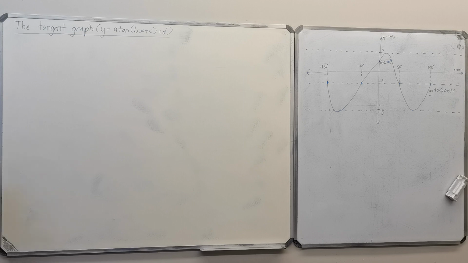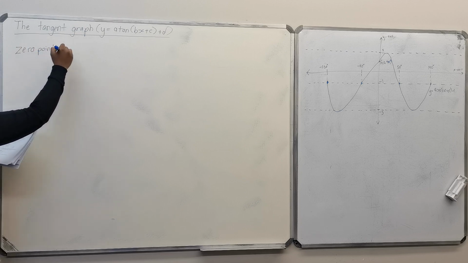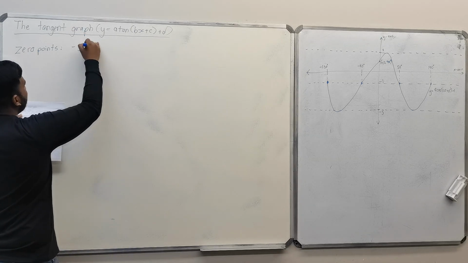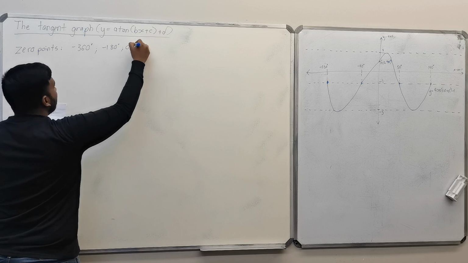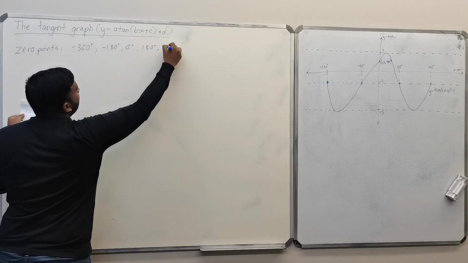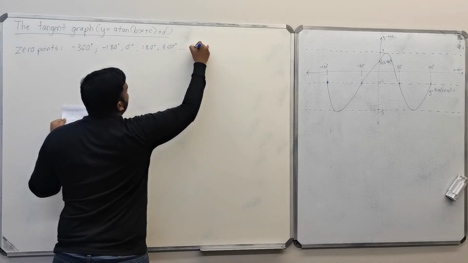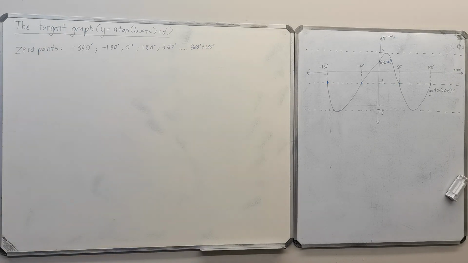So your 0 points for tangent, your 0 points is like how your sine graphs are.